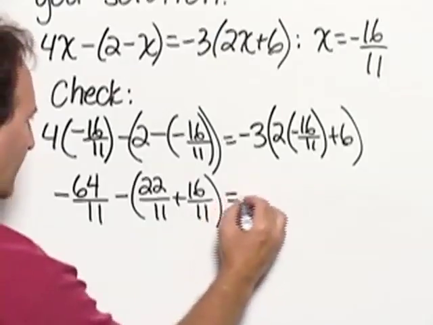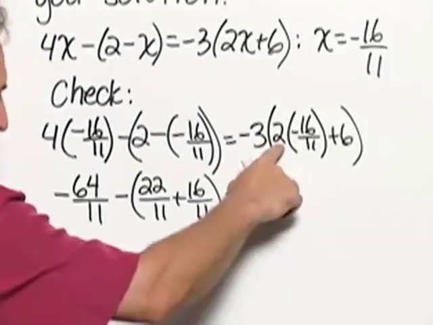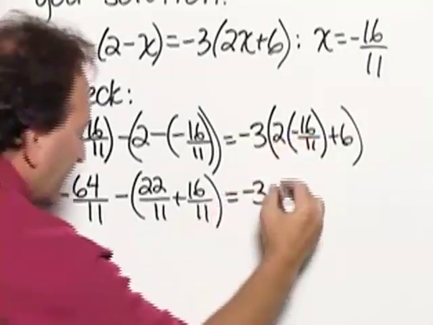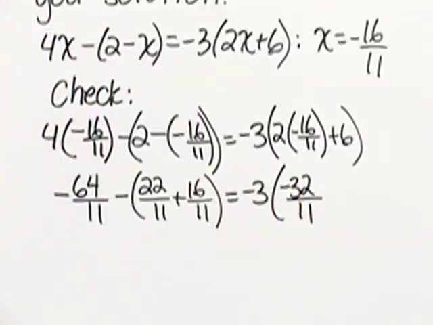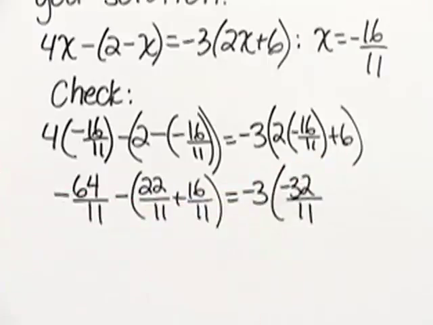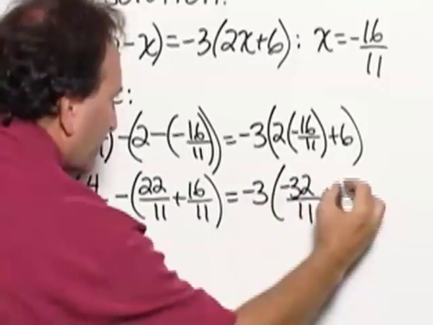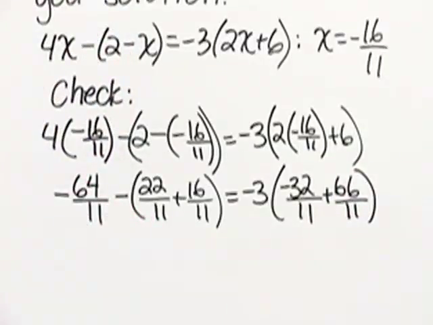On the right-hand side, we have the -3, and then 2 times -16, which would be -32/11. Similarly to what I've done in this parenthesis, I'm going to write the 6 as plus 66/11.